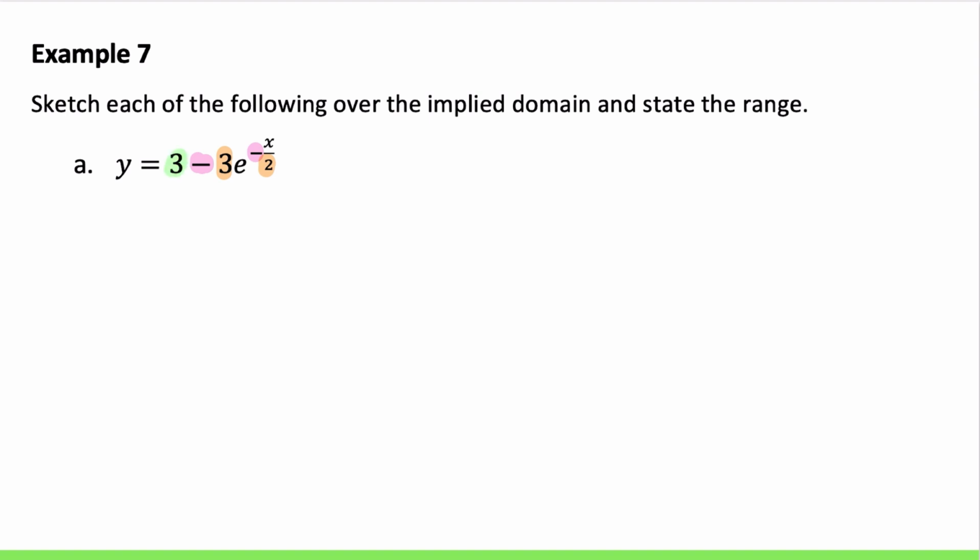So in terms of what's happened, we've got a reflection in the x and y axis. So normally our graph looks like this. If we were to reflect in both, we will end up with a graph that looks like that. And I might sometimes just draw a little drawing just so I know which direction we're going in. And because we've moved 3 upwards, that implies that our asymptote is going to be at y equals 3.